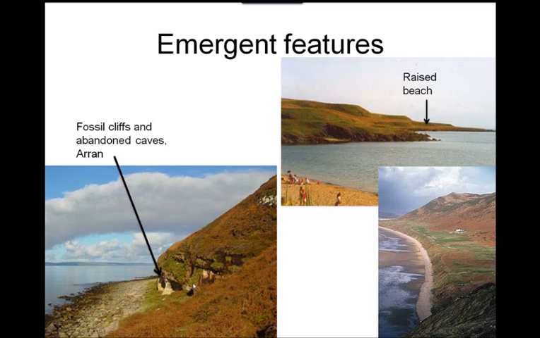Here's another view close up of some fossil or relic cliffs and abandoned caves. These caves are no longer visited by the sea. You can see from the vegetation at the front here, and indeed on the cliff itself, that this is not an active cliff. This is a relic cliff, which means that it is no longer visited by the sea. Relic is spelt like that, and it is therefore no longer eroded.